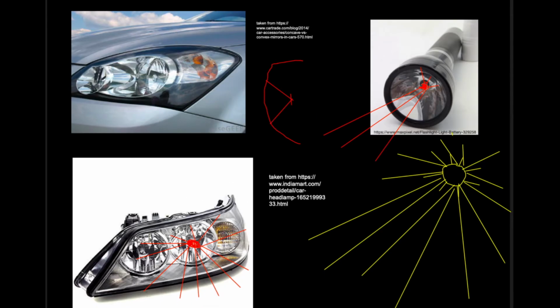What do I mean by that? It's simple. If the light rays were going like this, then they would come out like this. Let me draw that properly. So the light rays would become parallel. If they're coming from the focus, they'll become parallel.